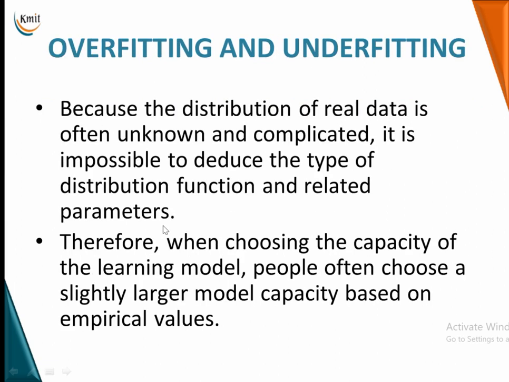Now let us talk about the concept that we really want, that is overfitting and underfitting. The first thing that you have learned is what exactly model capacity is, and you should have an optimum amount of hypothesis space in order to get a proper model capacity. Because the distribution of the real data is always unknown and quite complicated, it is impossible to deduce the type of the distribution function and its related parameters.